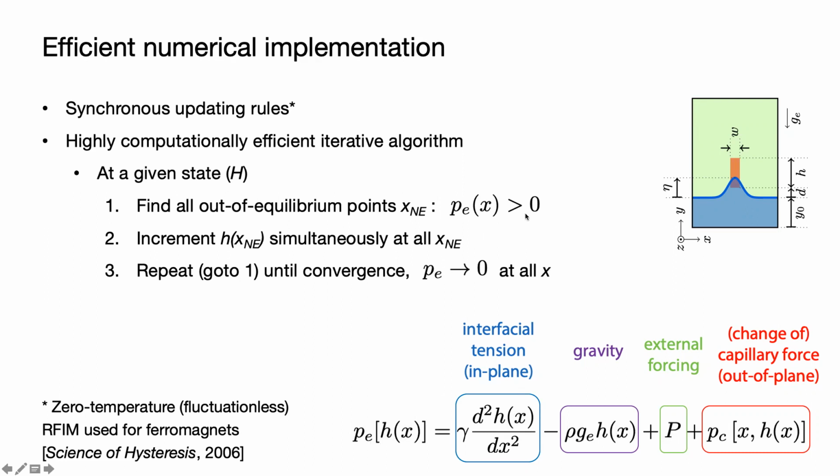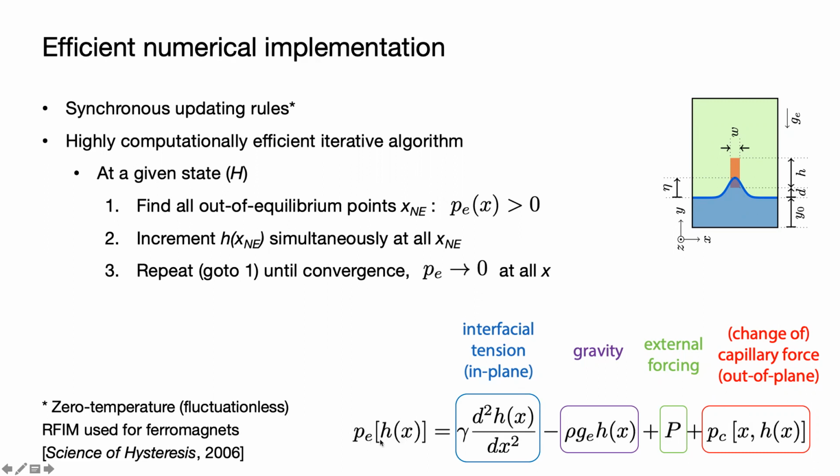For drainage, it's the opposite, when it's less than zero, which means that you're not in equilibrium: the interface wants to be pulled up, and this will start from this term, which will be positive if it's protruding. So the interface is sucked up. To find the equilibrium configuration, you just increment iteratively, simultaneously, in small increments. We don't care where these points are.